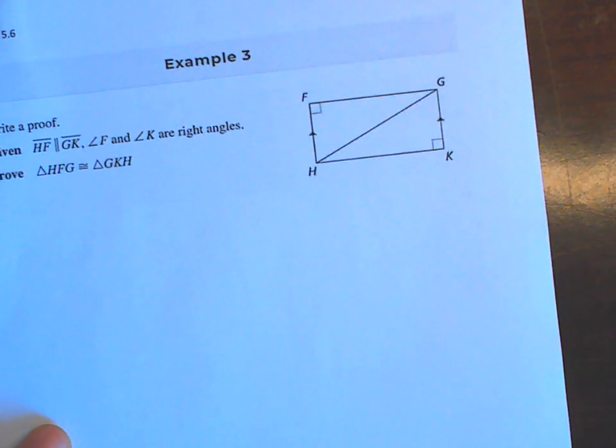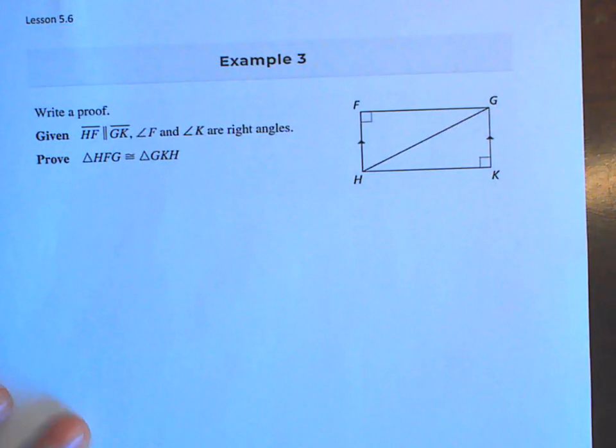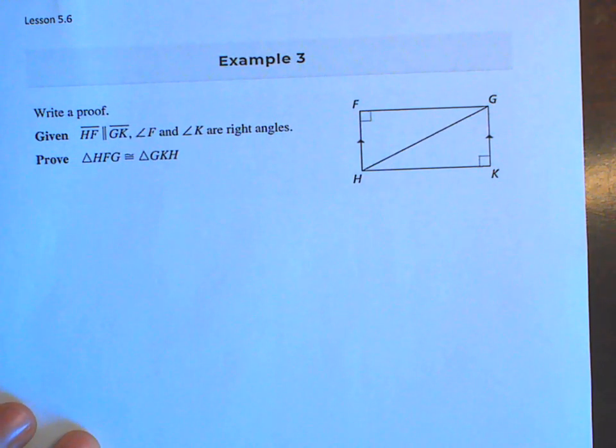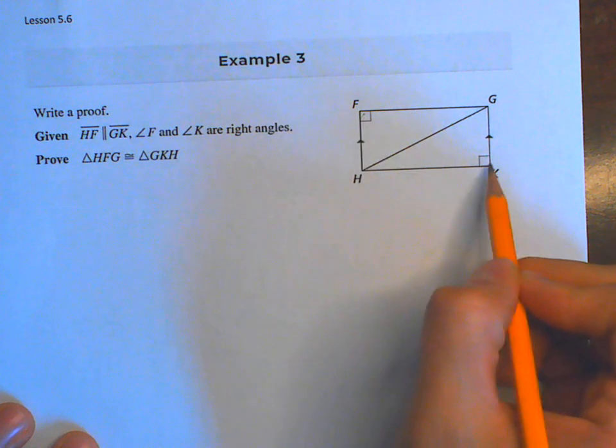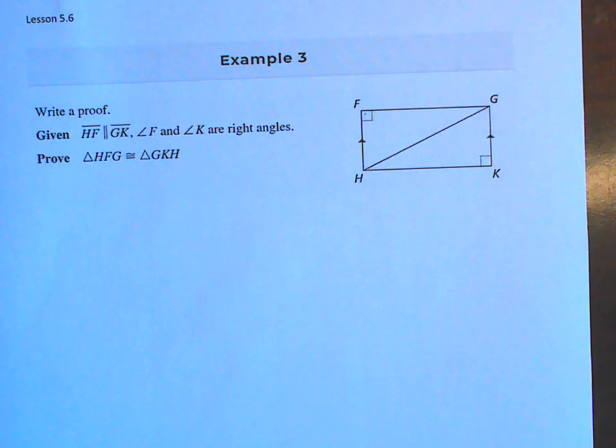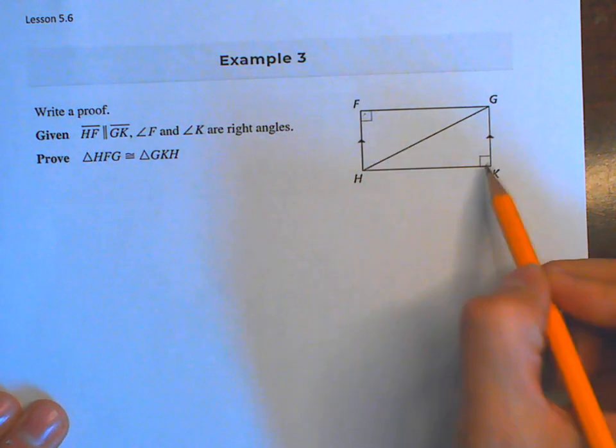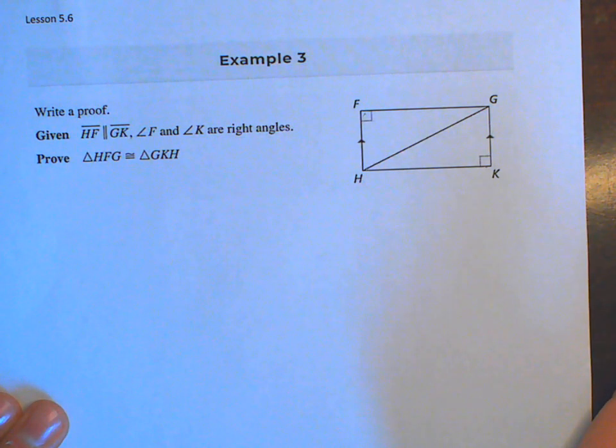Okay, so in this example, it says write a proof, and they tell you that HF and GK are parallel. Okay, so what you have here is that F and K are congruent and they're right angles. So first they're right angles, therefore they're congruent.